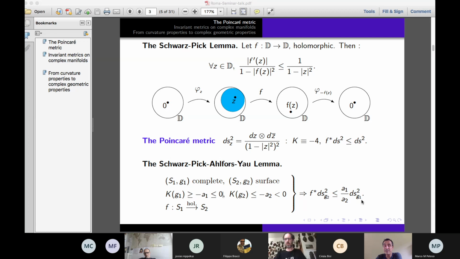There is a generalization of this Schwarz-Pick-Ahlfors-Yau lemma, called the Yau-Schwarz lemma, and it works for any complex manifold as soon as you get some condition on the curvature of your manifold. We'll see it later, and we will use it in the presentation.